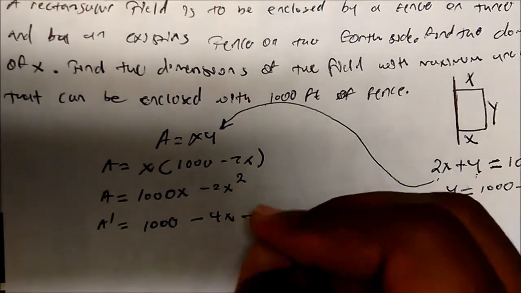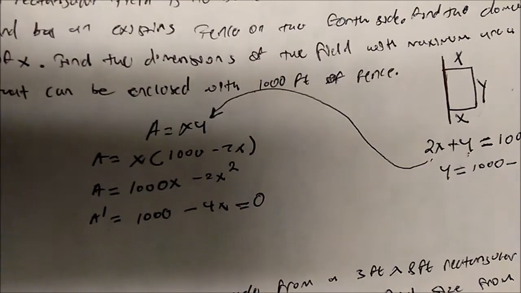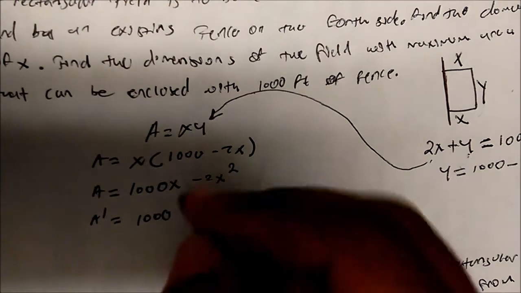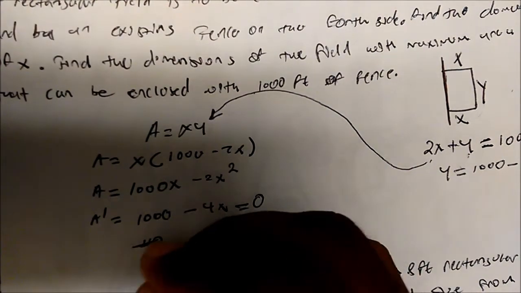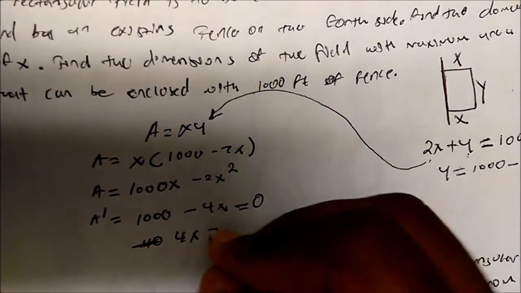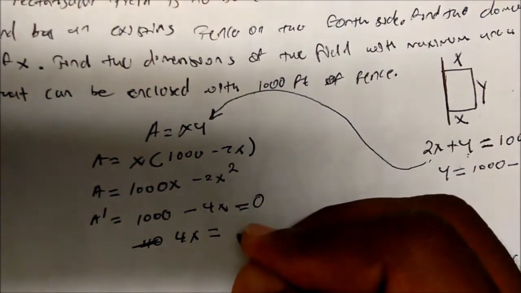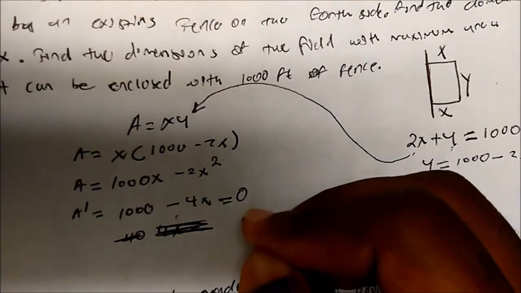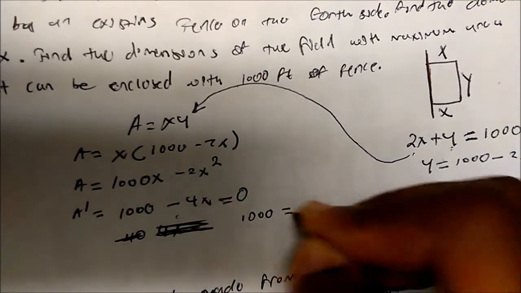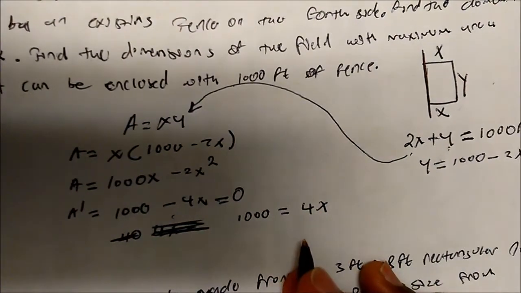Then you want to set your derivative equal to 0. The reason you set your derivative equal to 0 is that you're looking for the maximum possible area you could get from your x value, and then you could use that to solve for your y value. So moving everything over to one side of the equation, 1,000 is going to equal 4x.